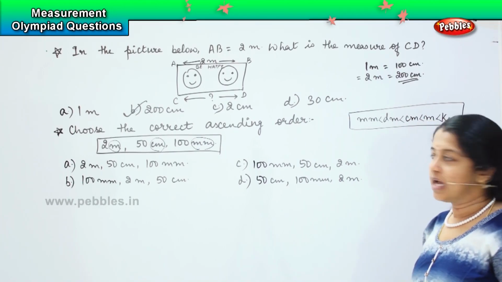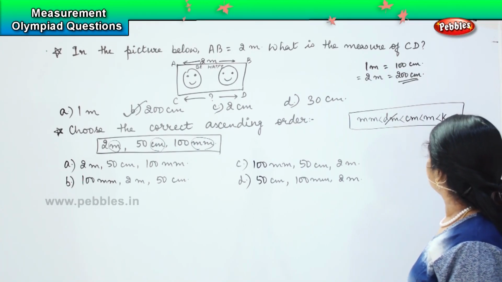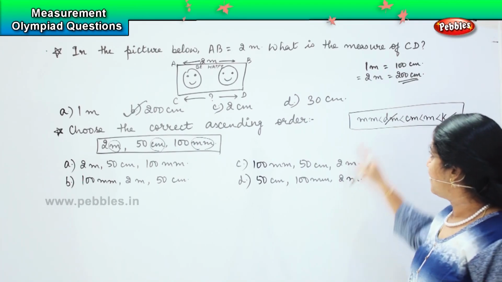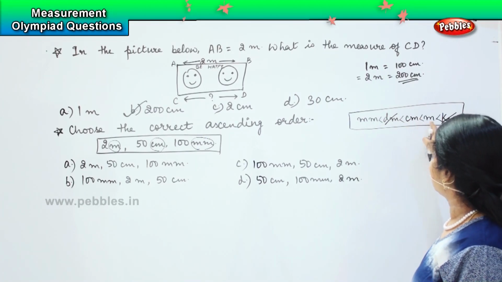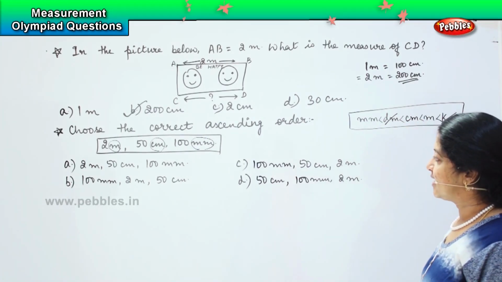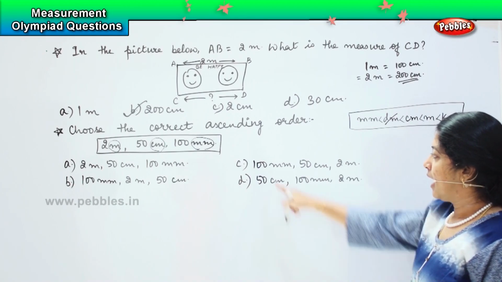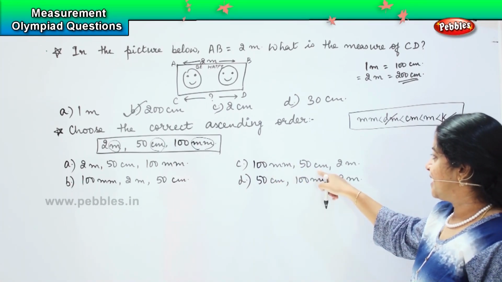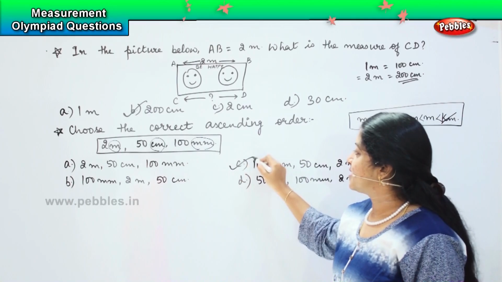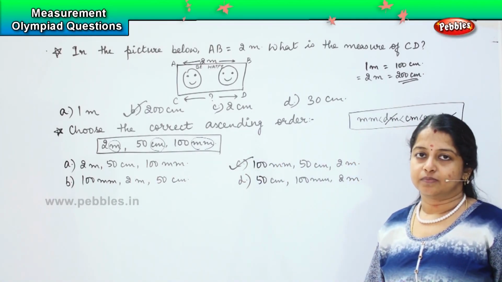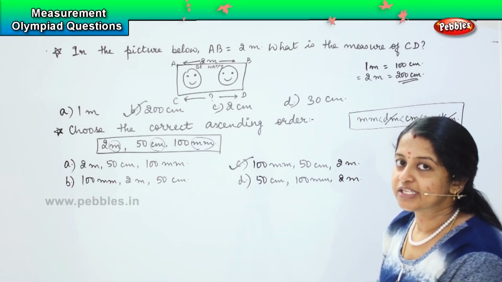Now in our question, decimeter and kilometer are not given. So it should be millimeter followed by centimeter followed by meter. Where can you see that option? 100 millimeter, 50 centimeter, 2 meter. So option C is your right answer. Clear? Shall we move to the next one?